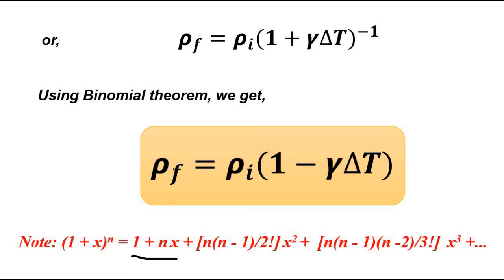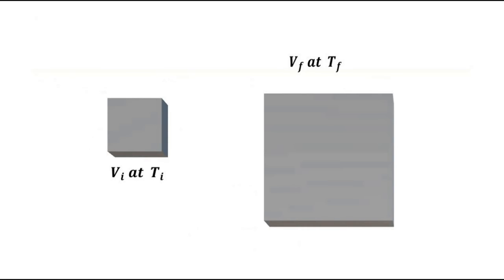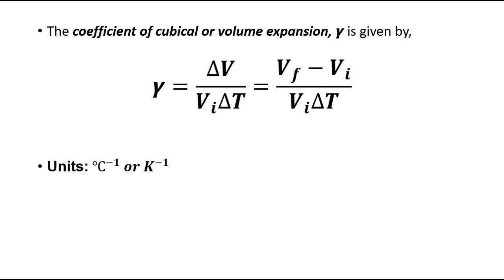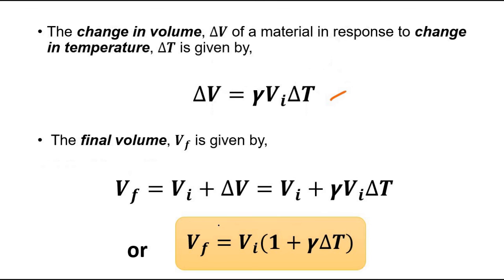So density decreases as per this relationship with the increase in volume of the substance due to volumetric expansion. As volume increases as per Vf is equal to Vi into (1 plus gamma delta T), we know that density will decrease, but how?